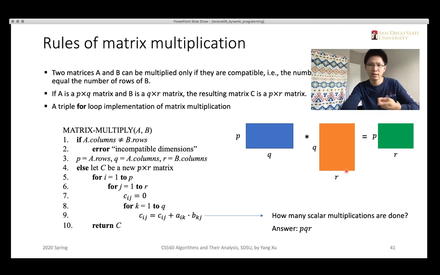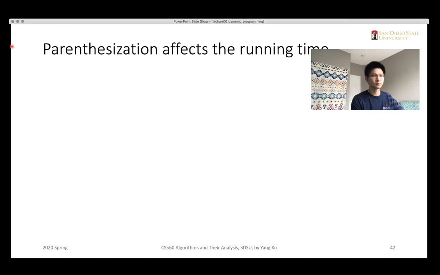And now let's see how this critical information PQR is going to influence how we compute the chain of matrices. So now we know that the computational cost for multiplying two matrices together is PQR in terms of the number of scalar multiplications.